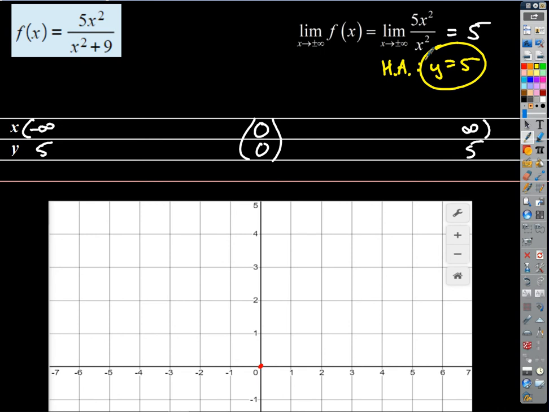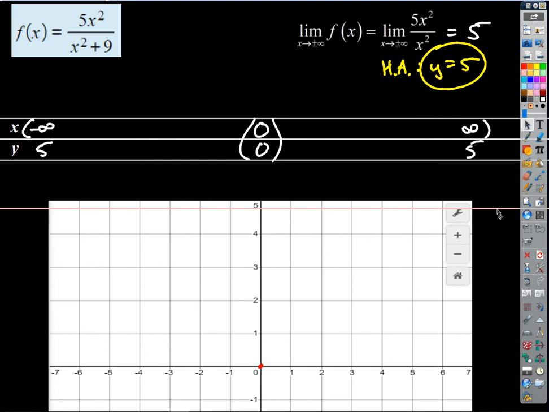Where did the 9 go in the denominator? Well, if we're considering the end behavior, as x approaches plus or minus infinity, what happens to x squared plus 9? The 9 we can just forget about. All we care about is the leading terms, right? What's going to be the dominant part of the top and the bottom, okay? So we end up with a horizontal asymptote at 5.